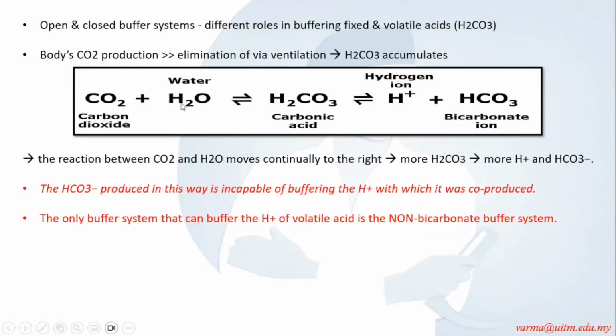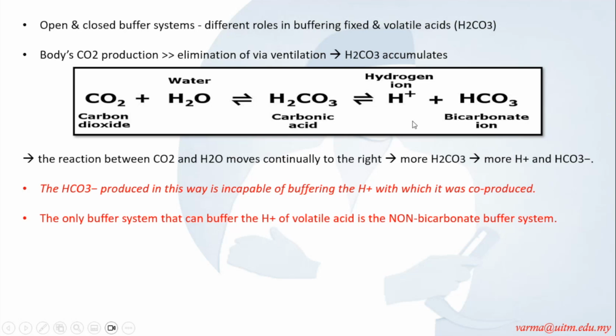It cannot. The buffer system cannot buffer its own byproduct. The H plus is a byproduct of this bicarbonate buffer system, and the bicarbonate produced in this reaction cannot self-buffer the H plus that is produced. The bicarb produced in this way is incapable of buffering the H plus which is co-produced.